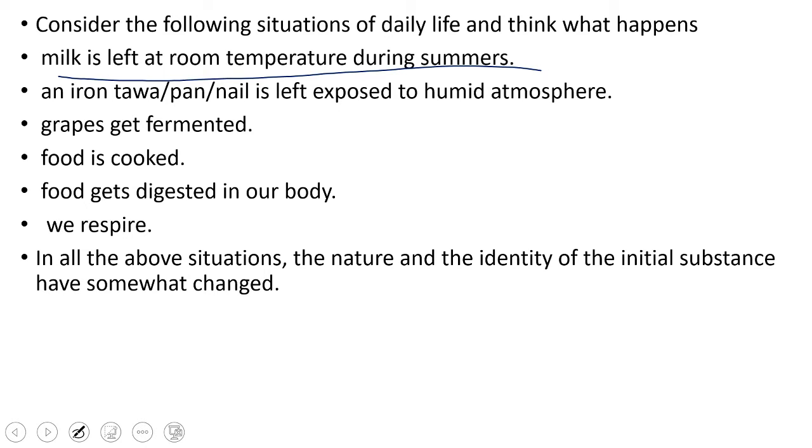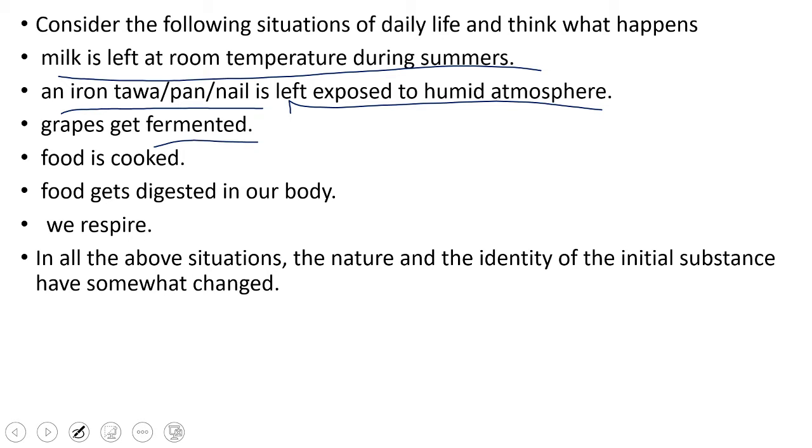And an iron tawa or pan or nail that was left exposed to a humid atmosphere, you observe that a red color coating appears on the nail, which we call rusting. Grapes kept at room temperature get fermented.